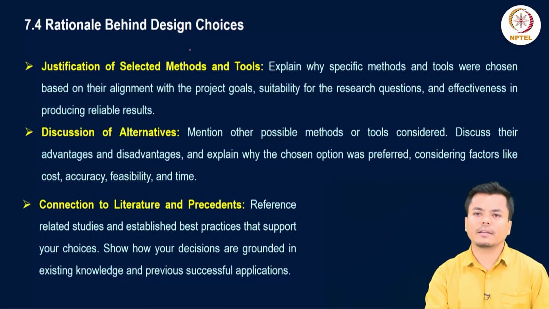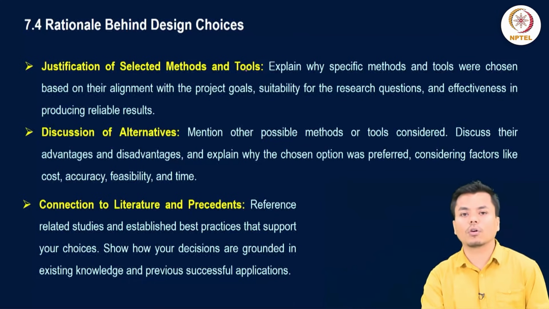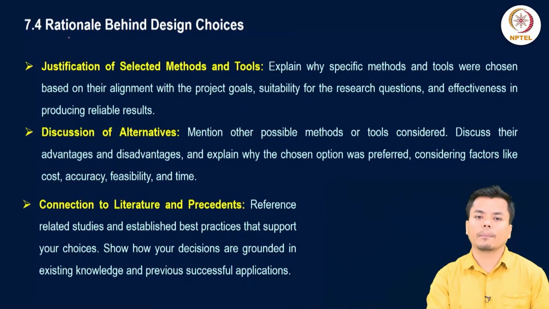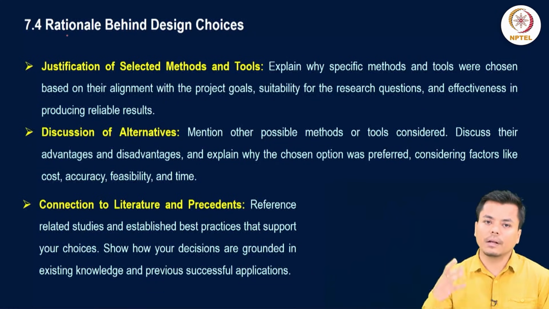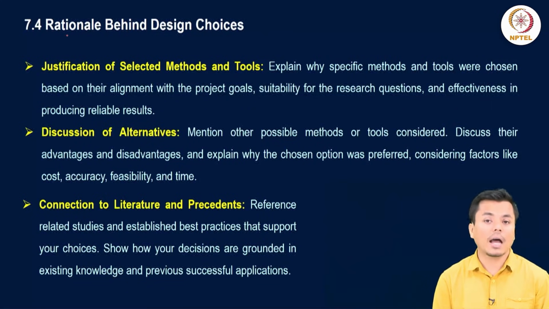Then the rationale behind design choices includes the justification of selected methods and tools. So you also have to explain the justification behind using a particular method. For example, if you are designing an IT building for a particular company which involves a lot of IT work, and it is based in Bangalore, the primary user of that building will be the IT professionals, not the client directly, isn't it?